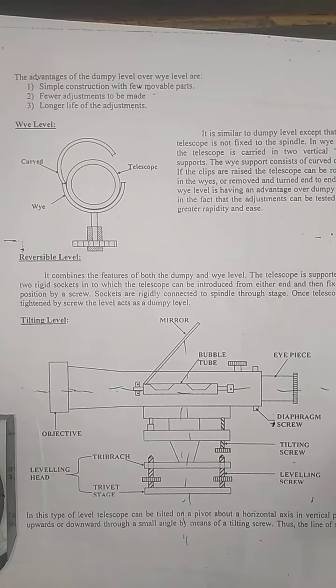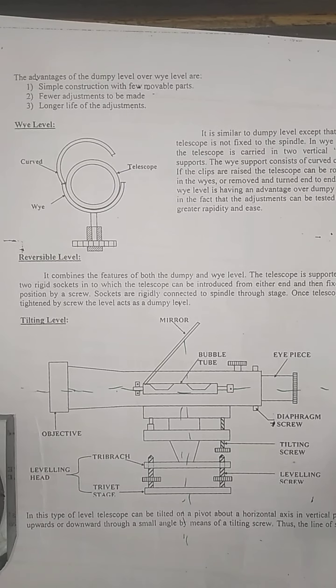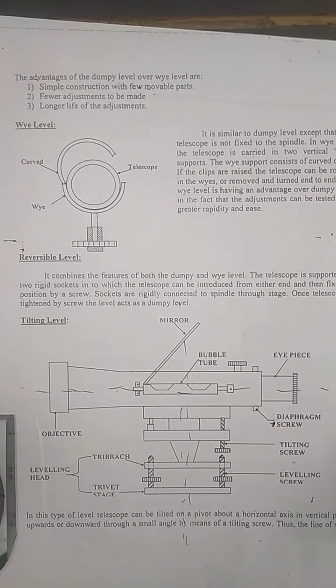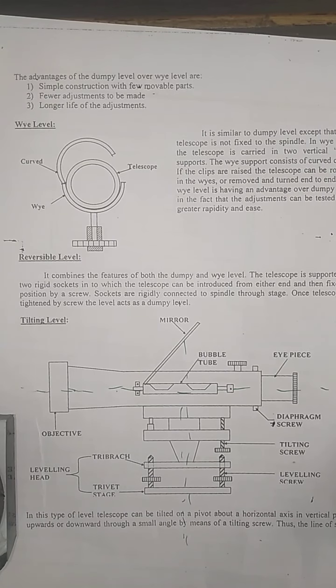The line of sight and the vertical axis need not be exactly perpendicular to each other in this particular case. If there is any small adjustment or slight disturbance, we can still take the readings.